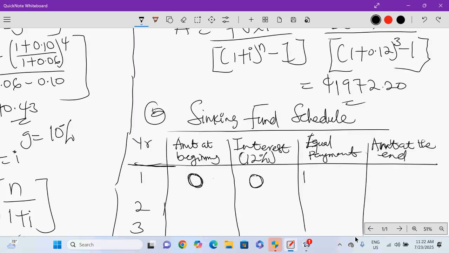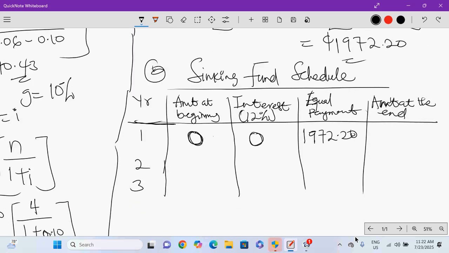Then you deposited 1972.20. This will be deposited every year, so let me write it all at once: 1972.20 in the third year, 1972.20, right?